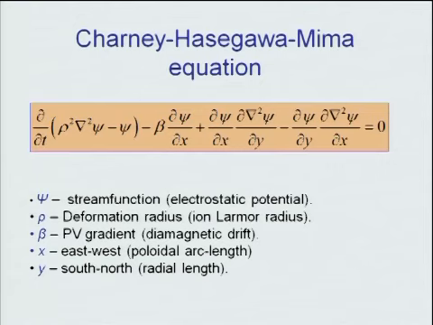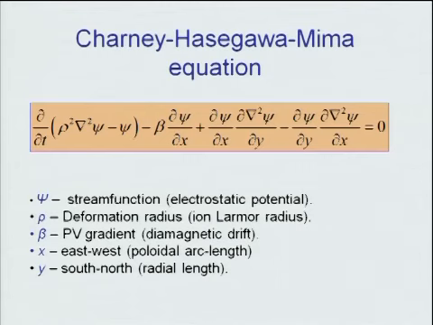Basically it's the gradient of potential vorticity. In GFD it arises from the fact that the Earth is round and rotating. You use the so-called beta plane approximation, local on the sphere.